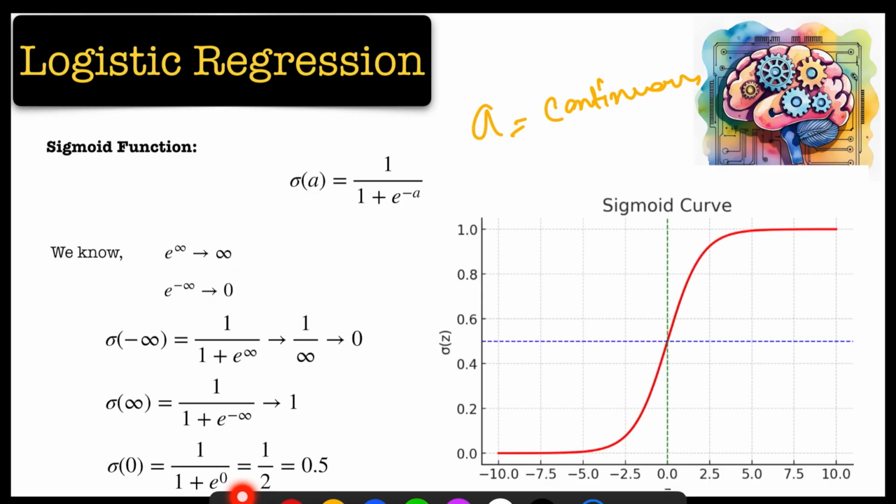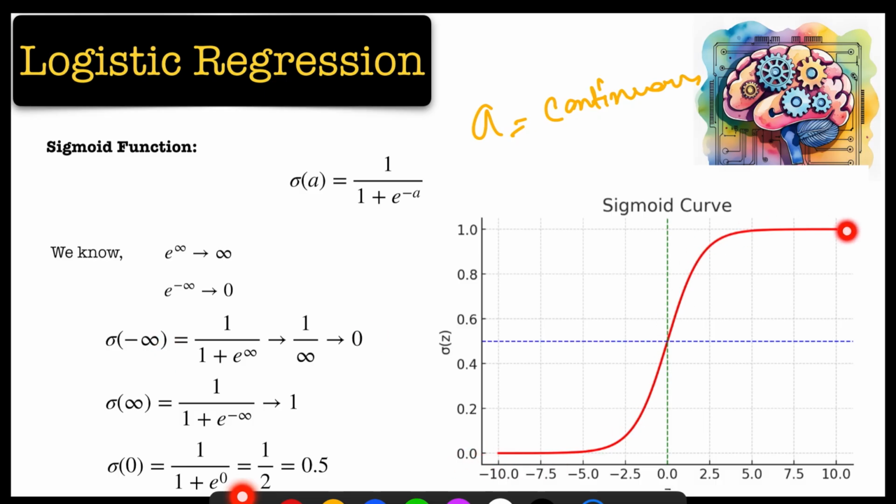So let's put these things here. Sigmoid of minus infinity, what will it be? 1 over 1 plus e raised to the power infinity, right? Because we have raised to the power minus A here, so it will be e raised to the power infinity. So that is basically 1 divided by infinity, which tends to 0. So sigmoid of minus infinity is 0.